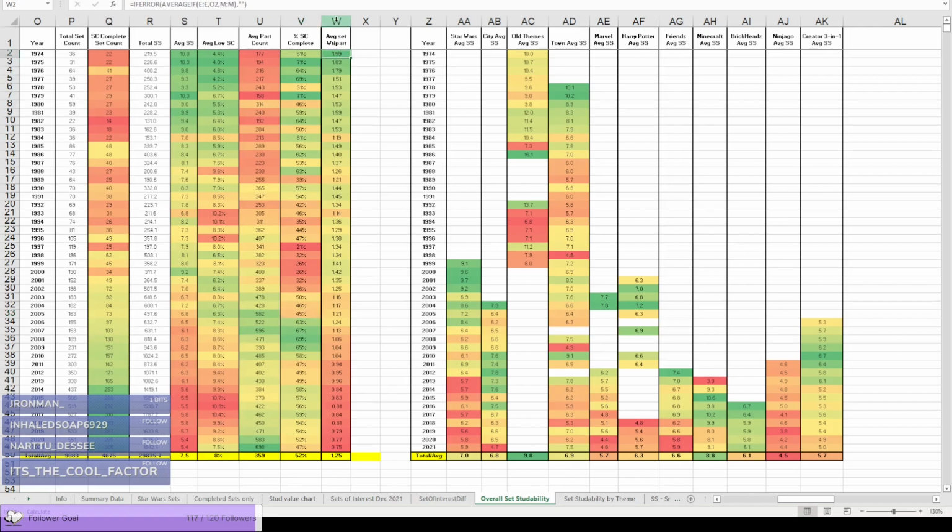And then this last column in W here, average set weight per part. So this is in grams, I believe, if I remember what I did here. It was 2 way back when, and now it's down to 0.75. That's more than a 50% decrease.